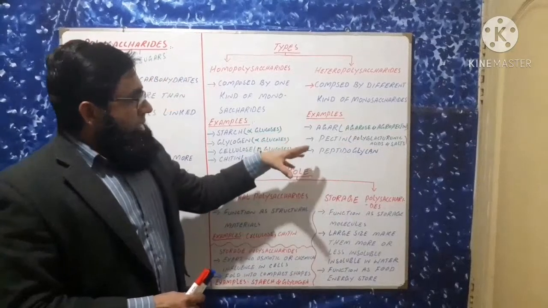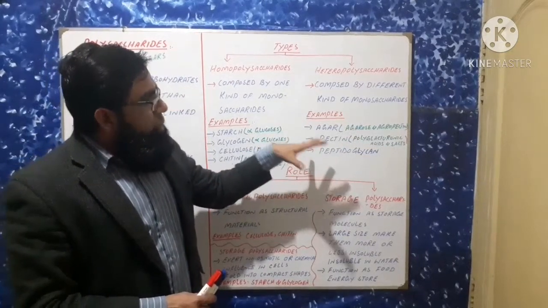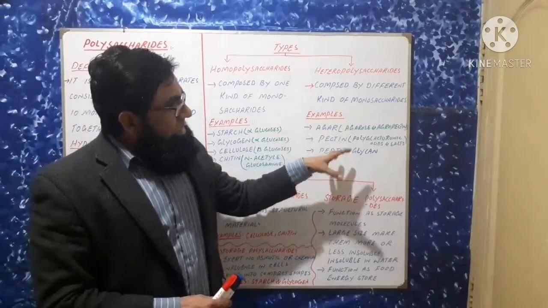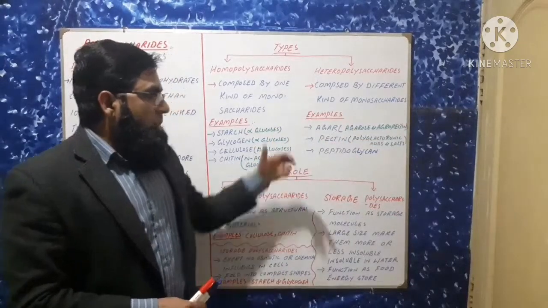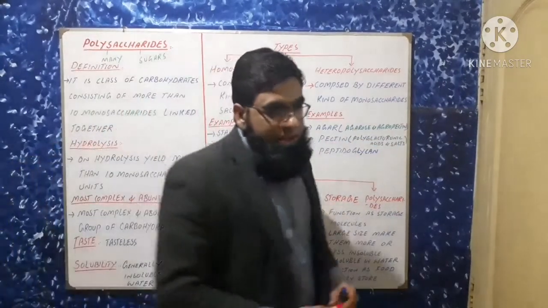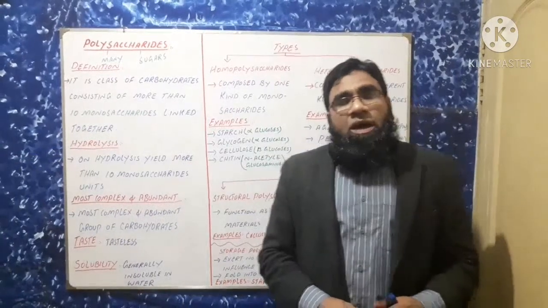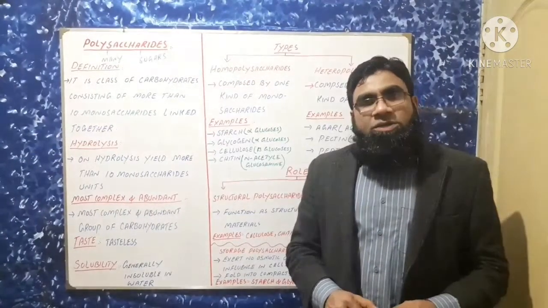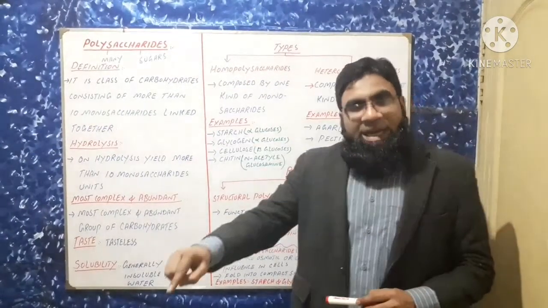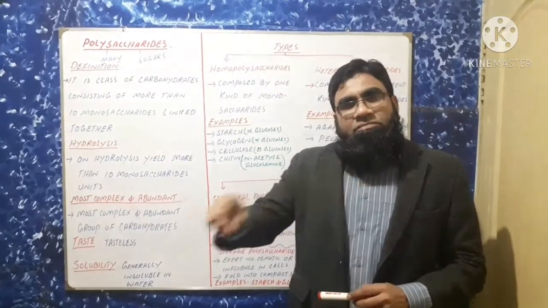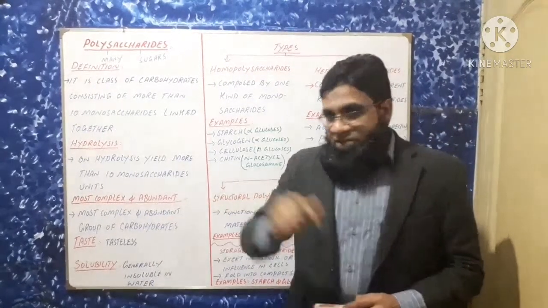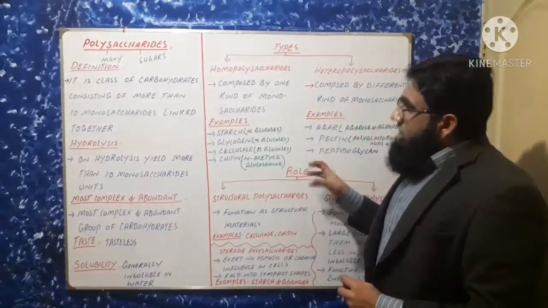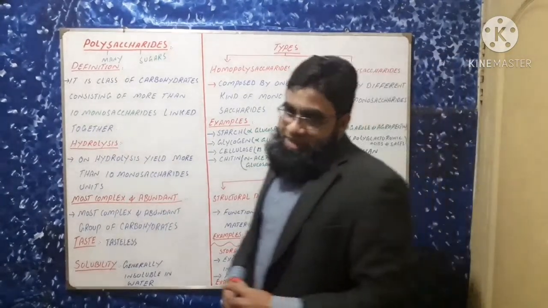Pectin is basically made up of polygalacturonic acid and salts. And peptidoglycan is made up of a glycan chain which is cross-linked with peptide bonds or peptide structures.